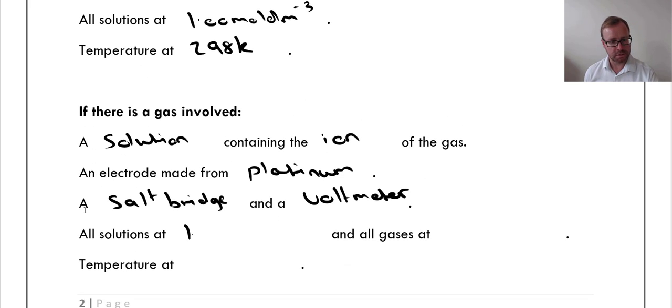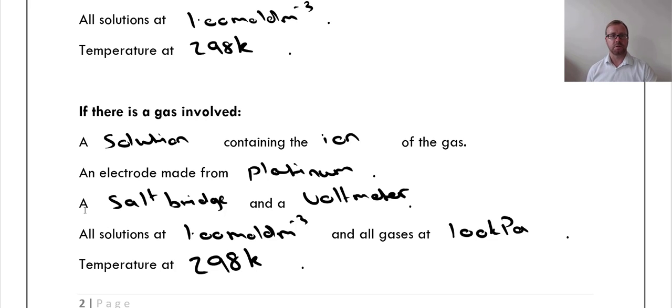All solutions, unsurprisingly, at 1 mole dm-3. All gases at a pressure of 100 kilopascals and temperature of 298 K. But you might have noticed that these are our standard conditions, and we always try and measure using these standard conditions, so we have cell potentials that are equivalent to each other.